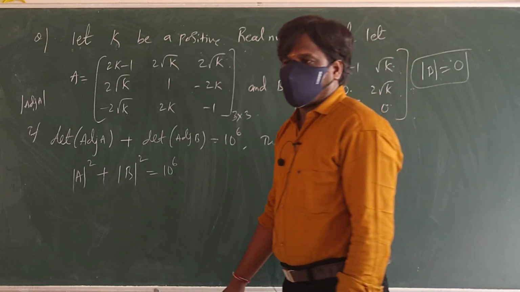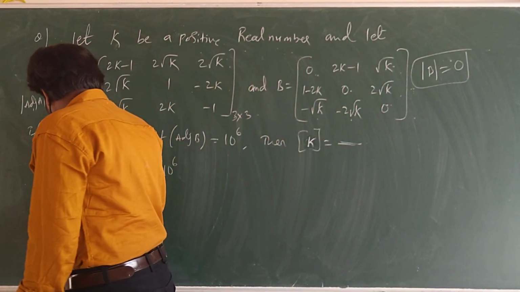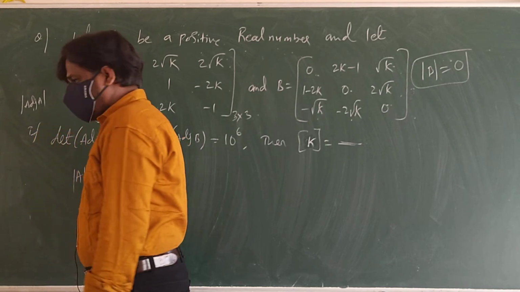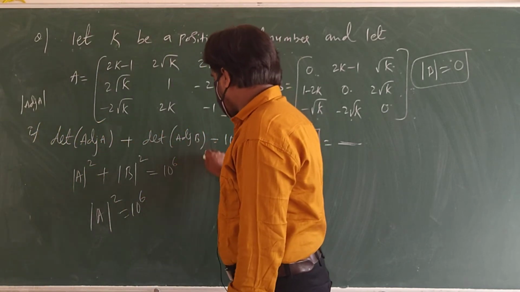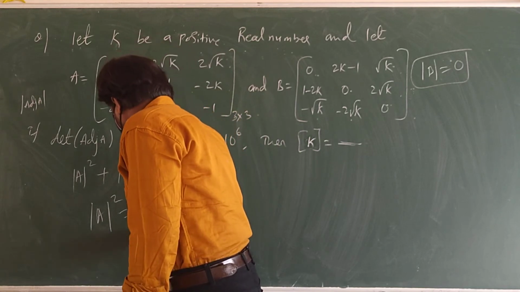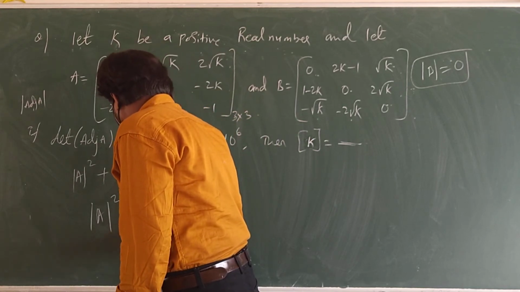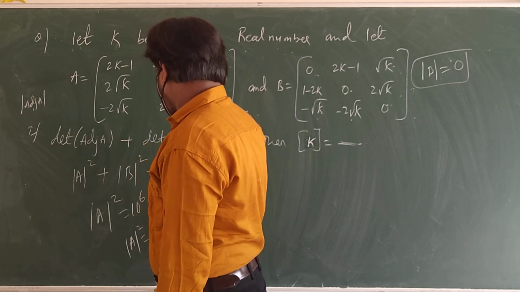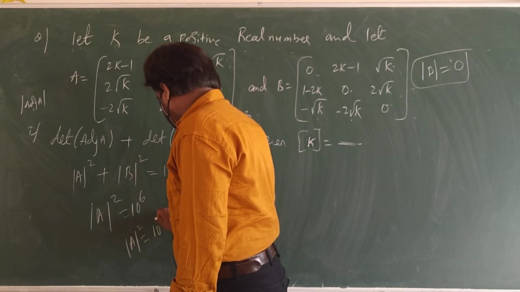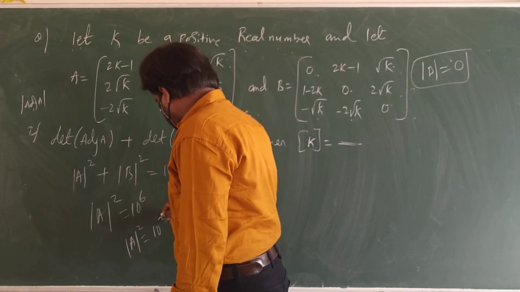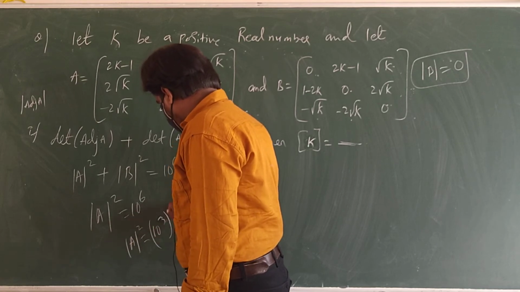Okay, first, second point only that. So, determinant of A square is equal to 10 raised to power 6. It means here, determinant of A square is equal to 10 power 3 whole power 6 whole power 2.